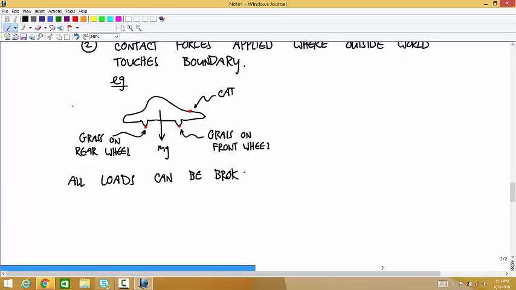So all loads can be broken up into loads with known directions and loads with unknown directions. And in the free body diagram, we're going to treat those two things a little bit differently.